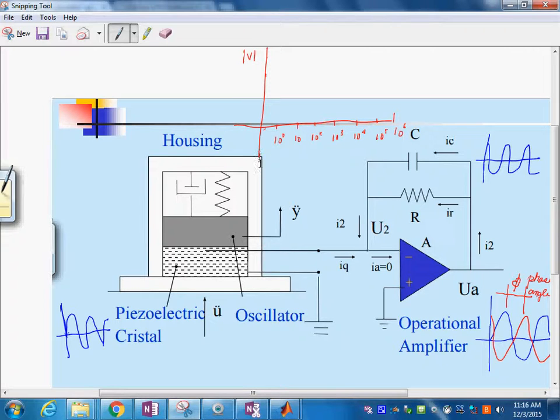But underneath, on the same plot with the same scale, 10 to the 0, 10, 10 squared, 10 to the 3rd, 10 to the 4th, and finally 10 to the 6th, I am going to plot phi.